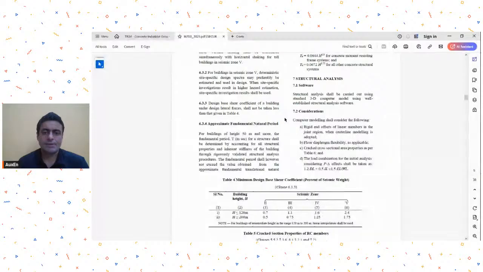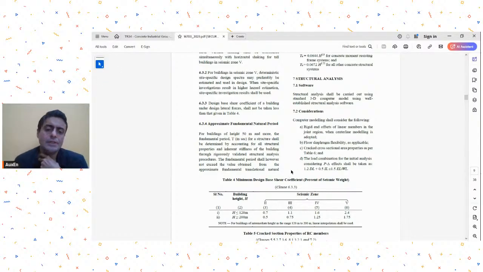Yeah. So if you can see this, structural analysis, 7.2 considerations: the load combination for initial analysis considering P delta effects shall be taken as this. Now, from where does this combination come? This combination they have picked from ASCE 7.